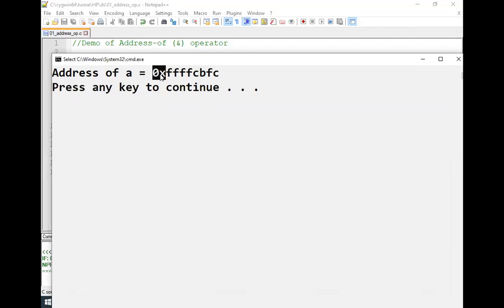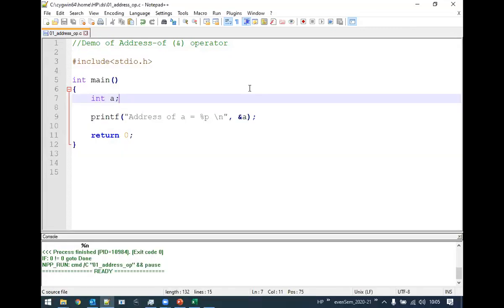All hexadecimal numbers begin with 0x, followed by 8 digits or characters consisting of alphabets as well as numbers. So this identifies that this particular number is a hexadecimal number, which is in turn the address of the variable a.